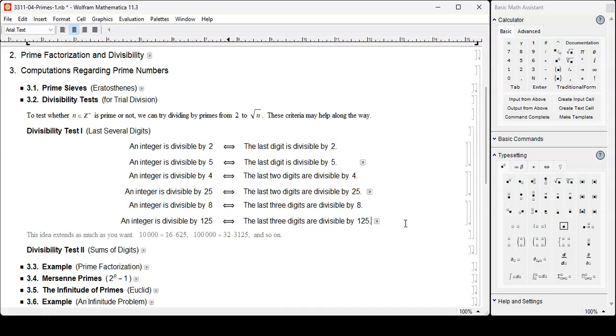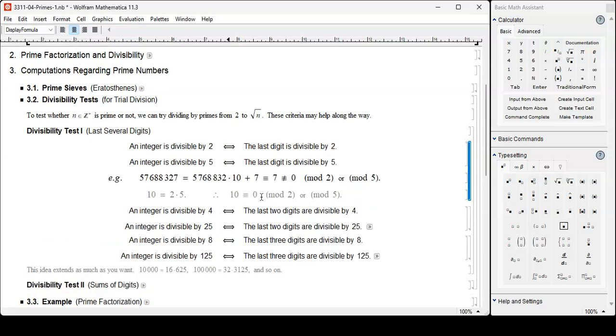Let me draw a line here. Let's discuss why this one works out, and then in the next video we're going to talk about a little bit harder test. The reasoning is pretty simple actually, as you can see from this example. The key idea is that 10 is divisible by 2 and also by 5, because 10 is 2 times 5.